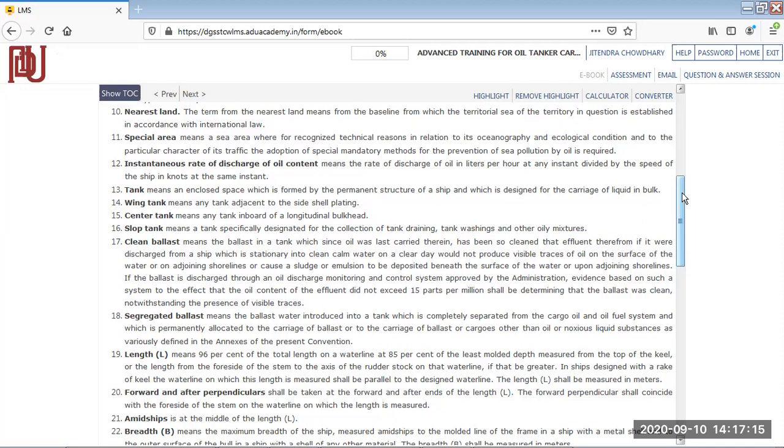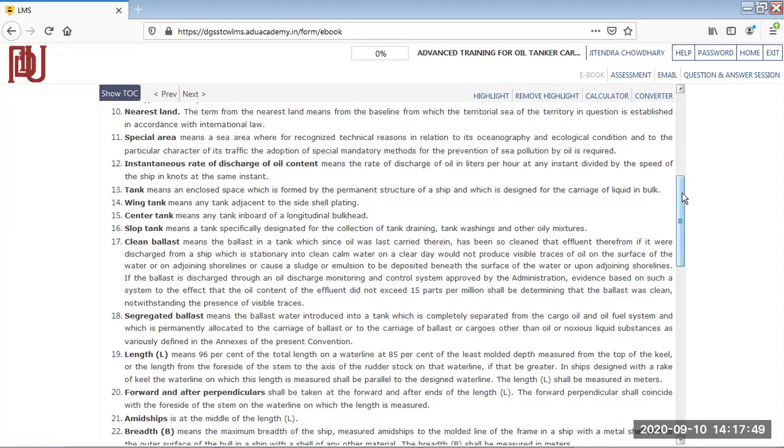And if you discharge the ballast through ODME, there has to be a connection for that, and it has to follow all the rules and regulations. Then there is a segregated ballast tank which is dedicated only for ballast, no oil, completely separated from the cargo oil and fuel oil system.